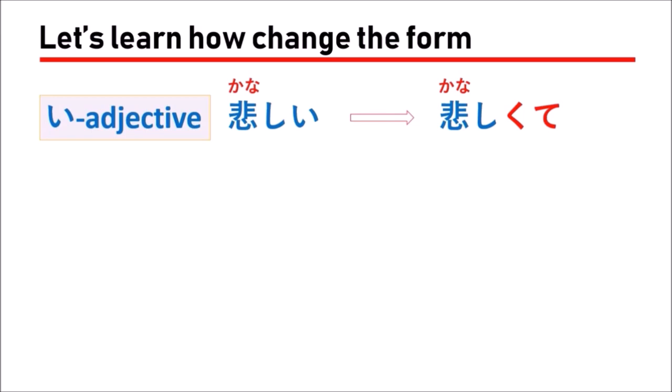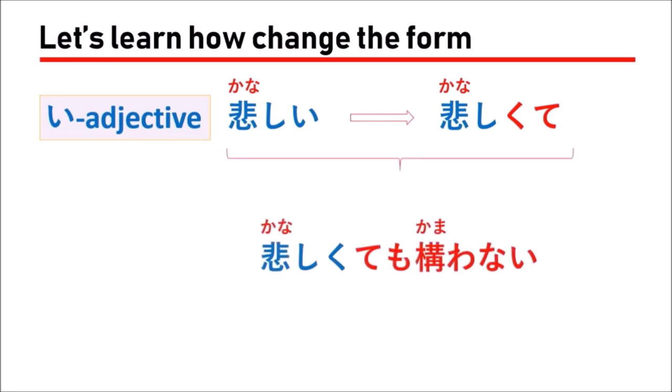Please remember that whenever you want to change the adjective to the te form, you cut out the i and replace by kute. And when you use it with the grammar, we can say kanashikute mo kamawanai or kanashikute mo kamaimasen. As you see here, it has the same meaning.